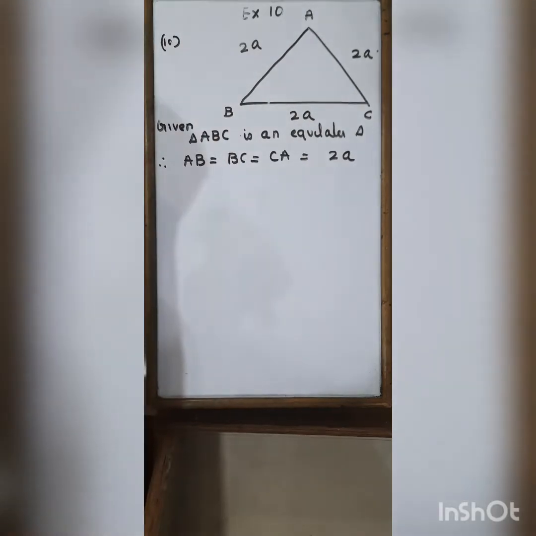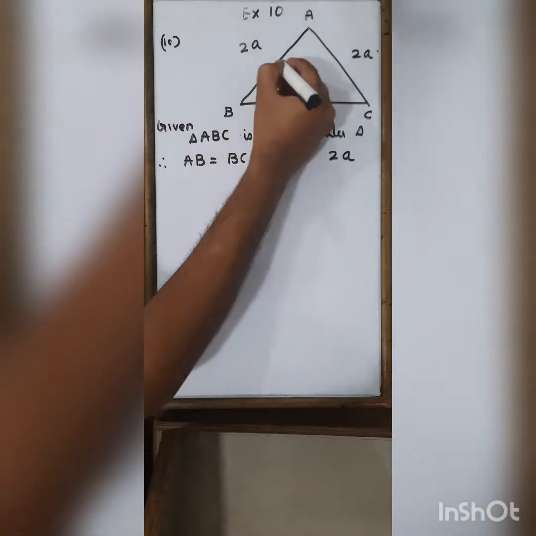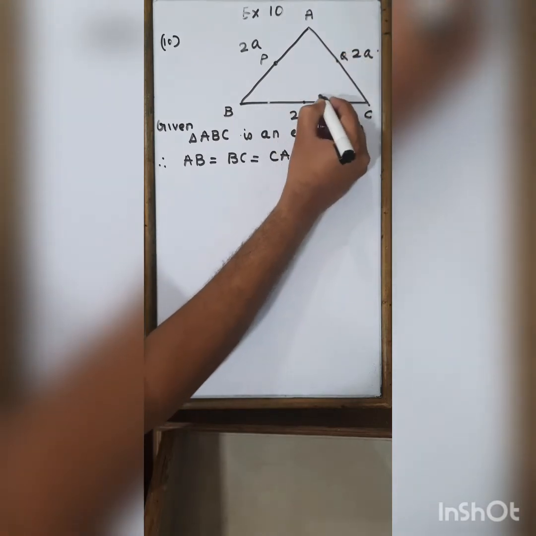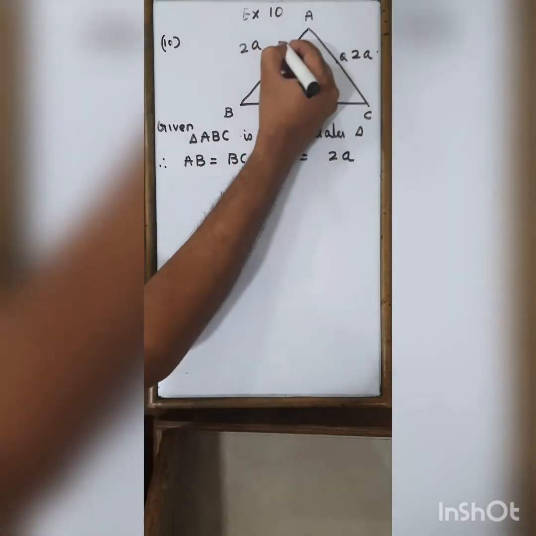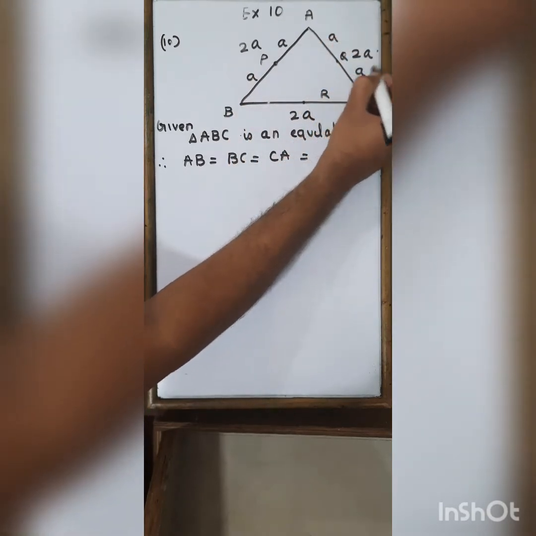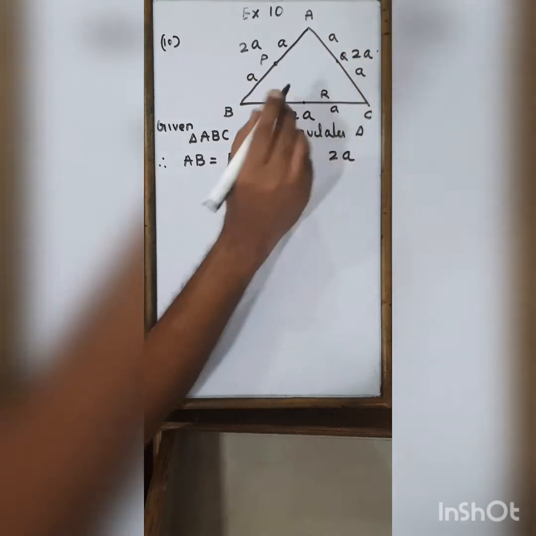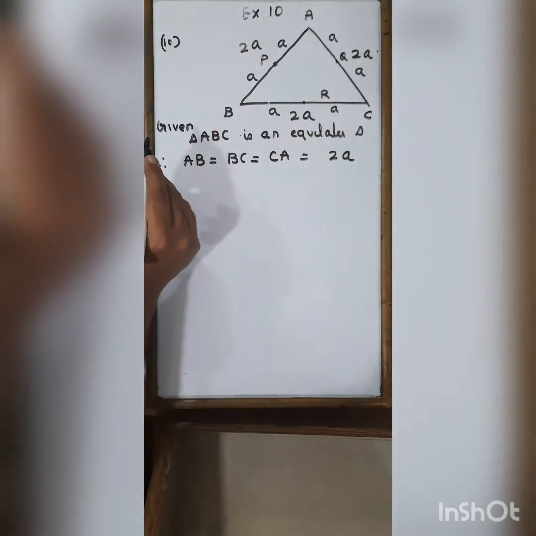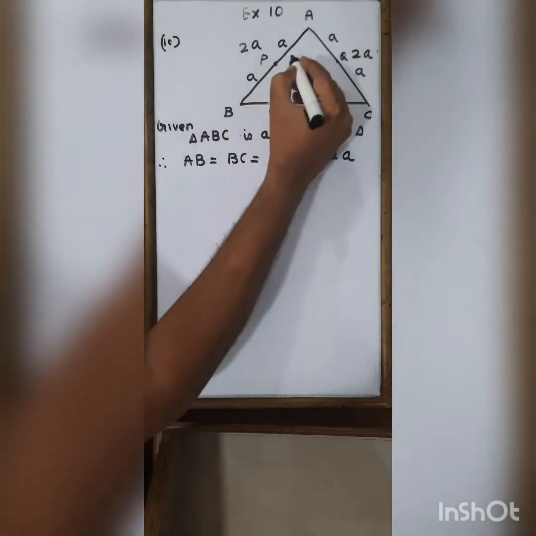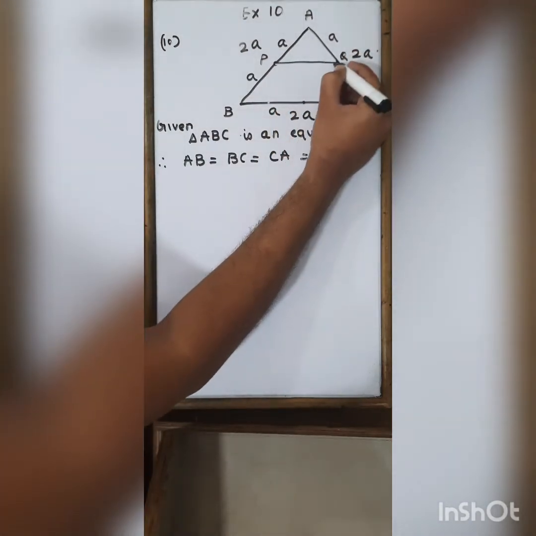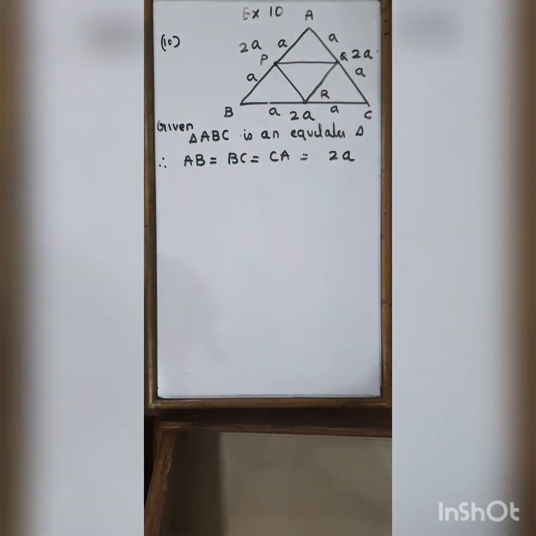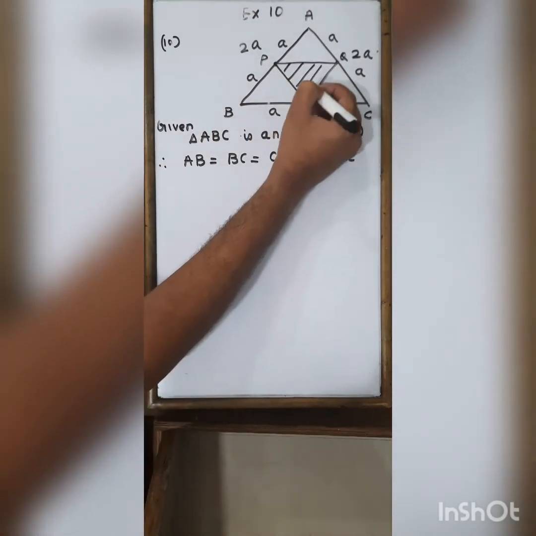Now, what they are saying, prove that the triangle formed by joining the midpoints. So P is the midpoint, Q is the midpoint and R is the midpoint. So automatically, because it is the midpoint, this is A, this is A, this is A, this is A and this is A and this is A. You have to prove that the triangle formed by joining the midpoints, if I join this and this and this, then this triangle is also going to be an equilateral triangle.